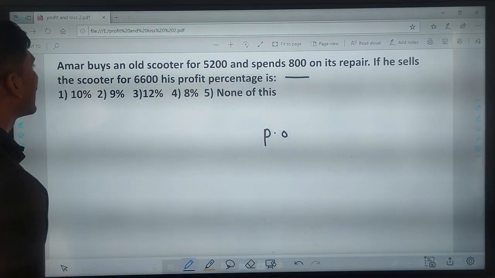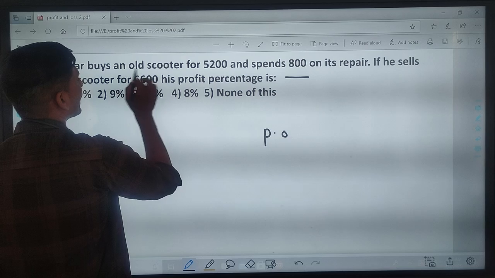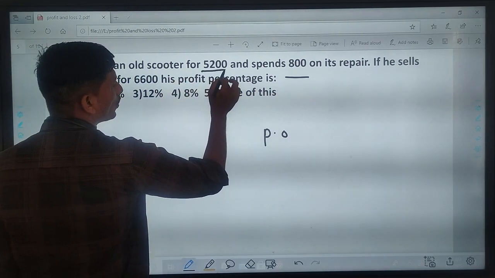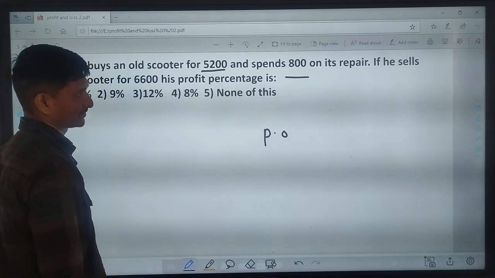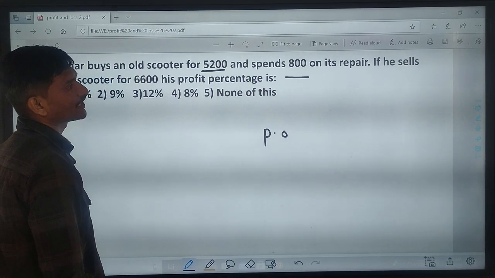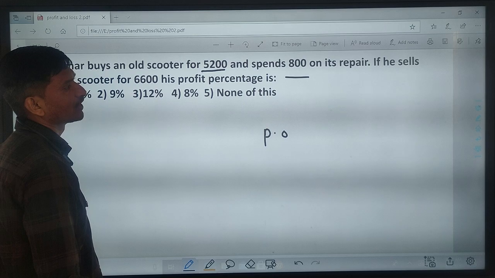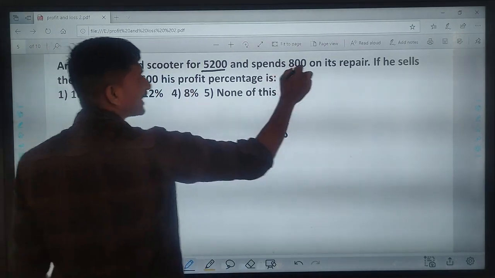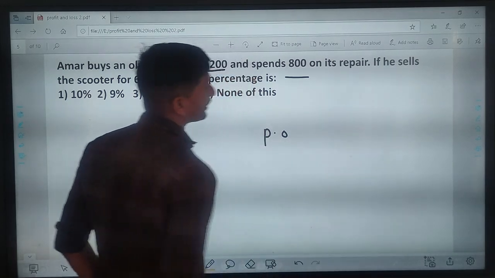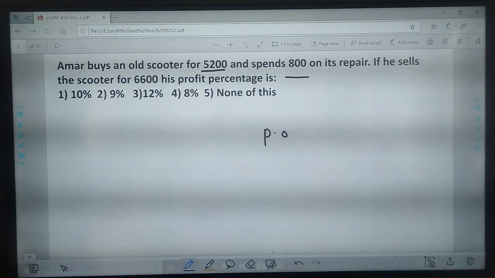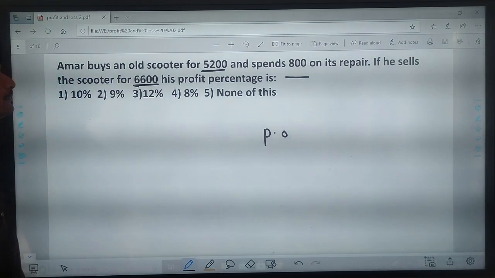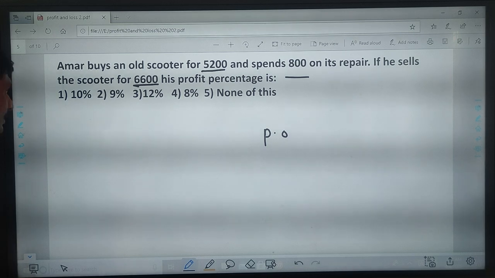Here, Amar buys an old scooter for 5,200 rupees and spends 800 rupees on its repair. If he sells the scooter for 6,600 rupees, find his profit percent.